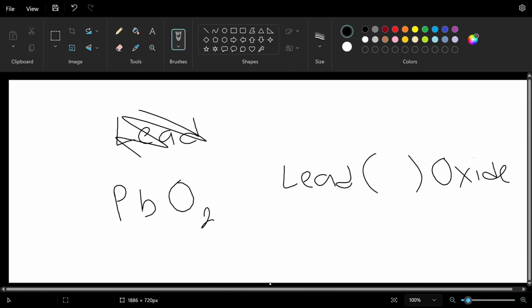Finding the charge for oxygen, it's 2 negative, and you multiply these together, which gives you 4. Since lead does not have a subscript, it would just be considered 1, and 4 divided by 1 is 4, so you would write out 4 as a Roman numeral, and that would be your answer.